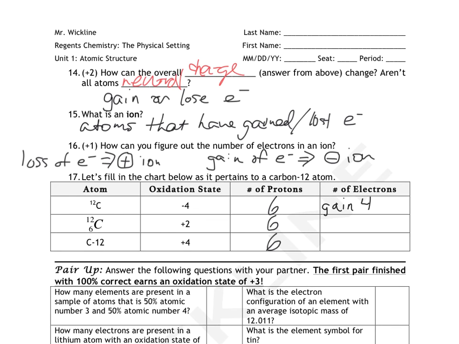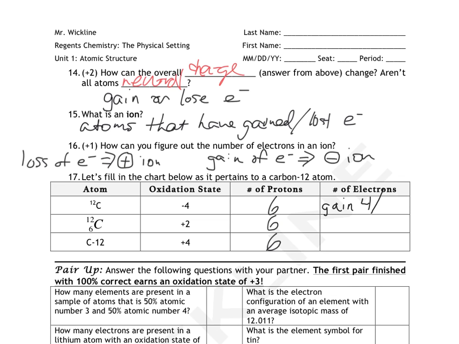4 electrons. In this particular table, it's a little bit unclear whether I wanted you to write how many electrons were gained or lost, or whether I want the total number. But both questions are valid. If I'm asking how many have been gained or lost, in this example we just figured it out: it gained 4, because the oxidation state was -4. But that isn't the total number of electrons.